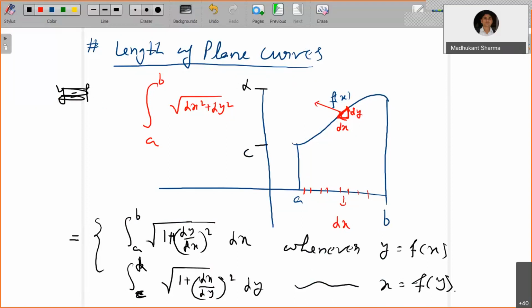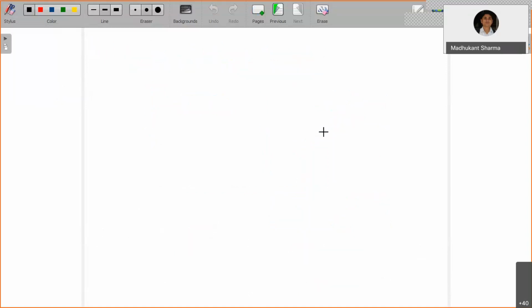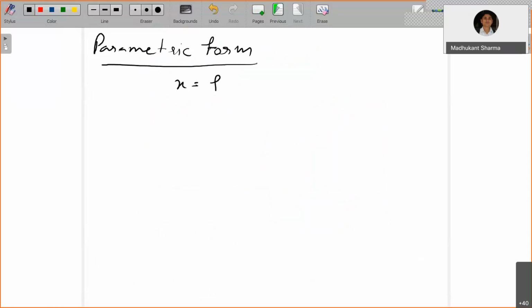Okay, so this curve is in parametric form. Let's say x equals f of t and y equals g of t, with a less than or equal to t less than or equal to b.